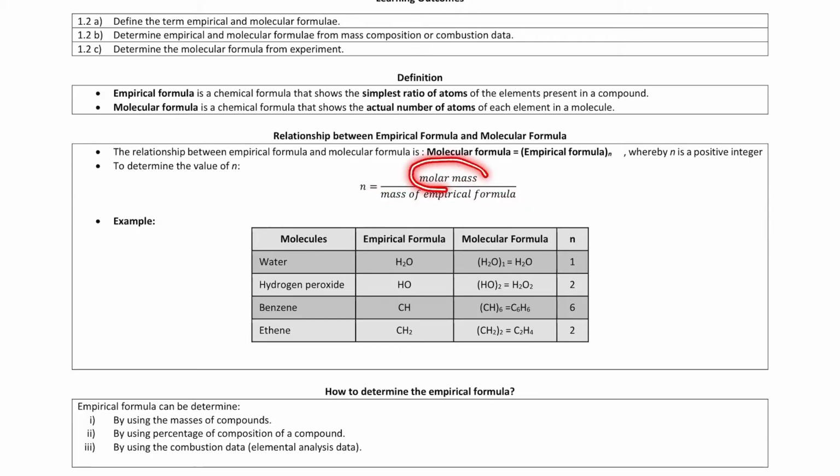Kiranya molar mass untuk molecular formula divide with molar mass of empirical formula, then you should get the value of n. From the value of n, then you can identify the molecular formula.